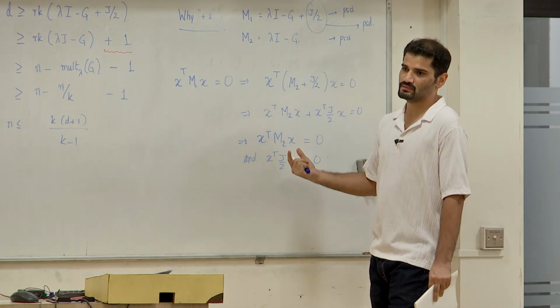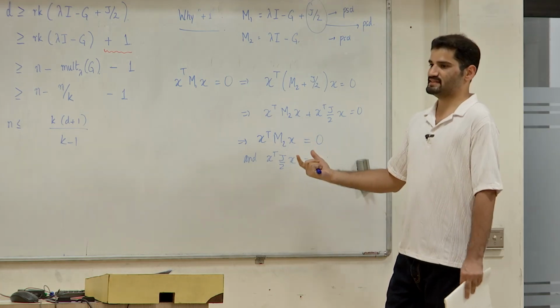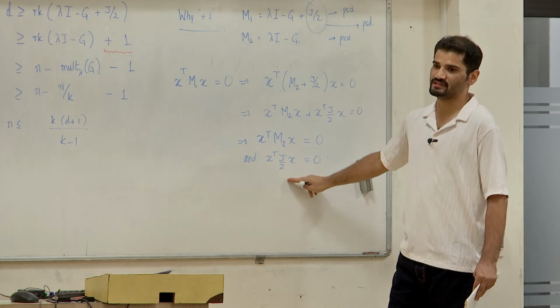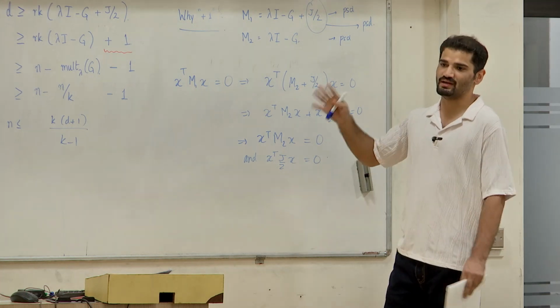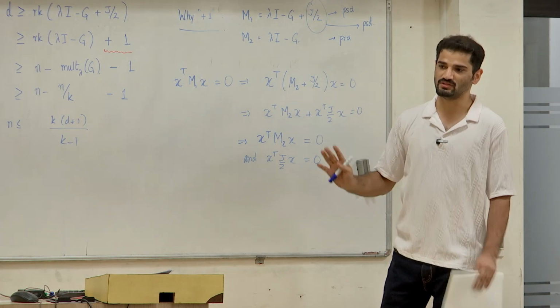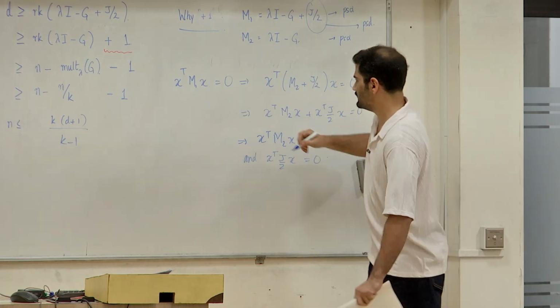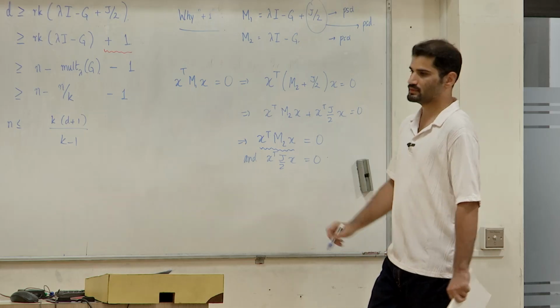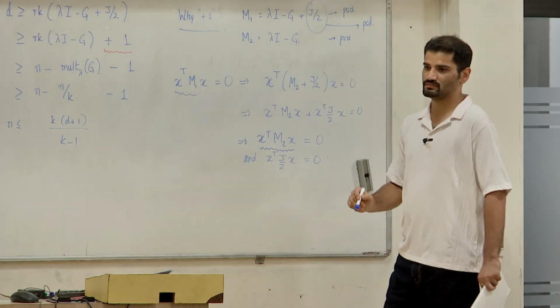For that x, this other term is non-zero because J is just all ones, so it's a sum of positive numbers, which will be positive. So there is something for which this is 0, but this is not 0.